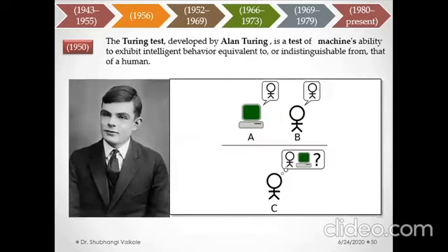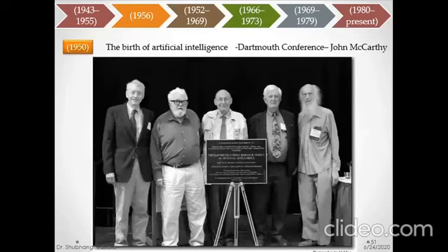In 1950, the Turing test was developed by Alan Turing. We have already seen what the Turing test is. It is a test of a machine's ability to exhibit intelligent behavior equivalent to, or indistinguishable from, that of a human.